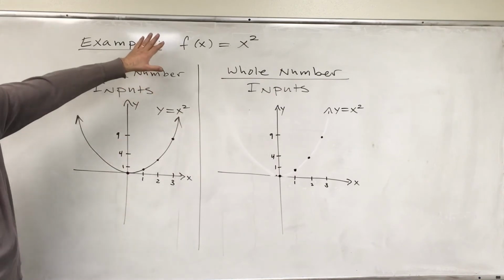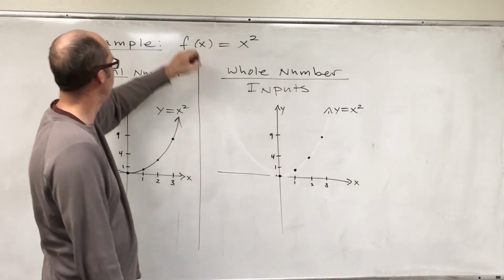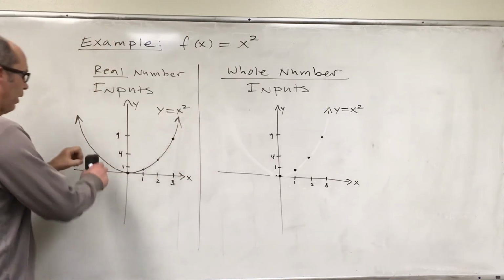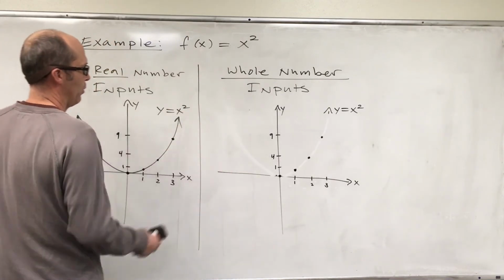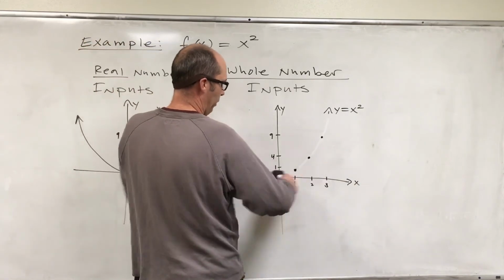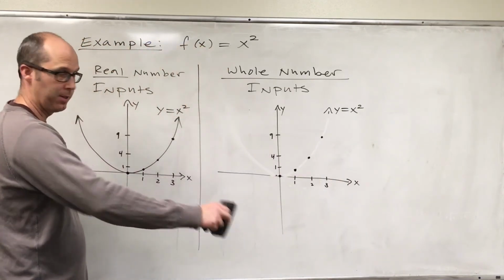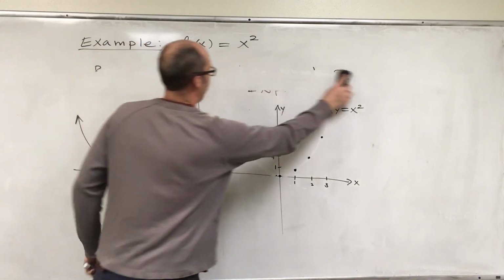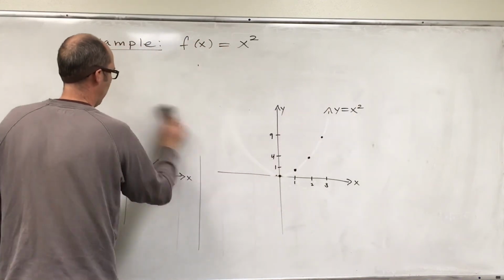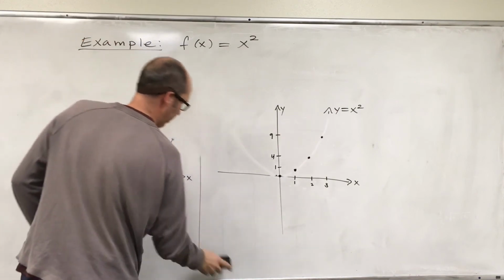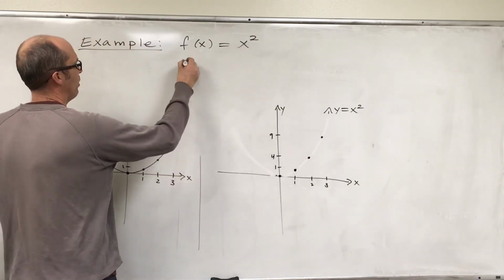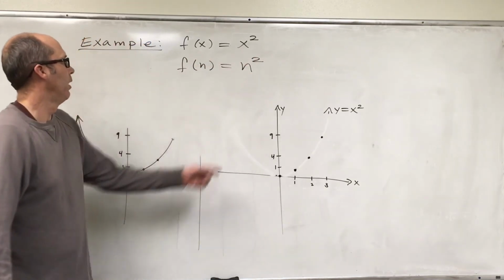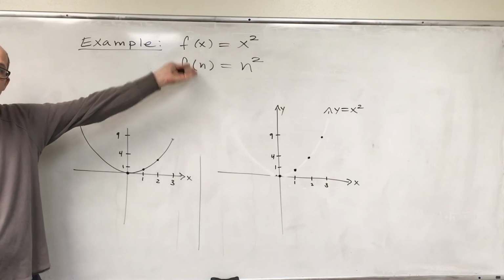We use a different notation than f of x equals x squared, because when we think of x, we think of a real number input. So because we want to think of sequences as having whole number inputs only, we use a different notation. We use n. So f of n equals n squared. Really the same thing in terms of a function.